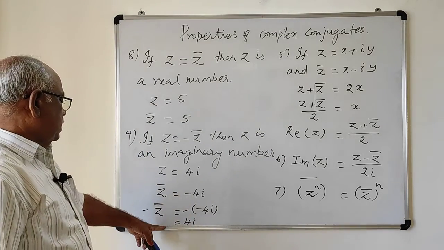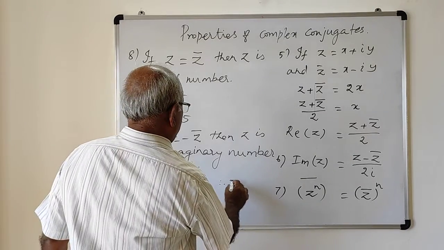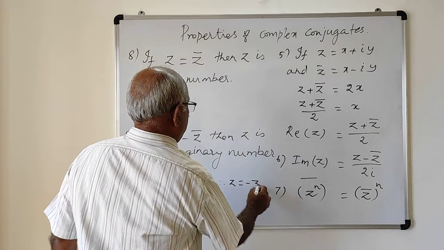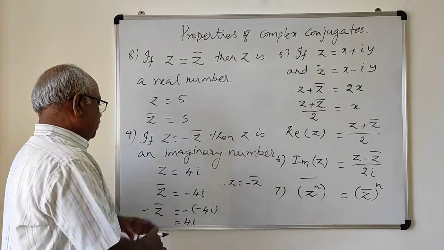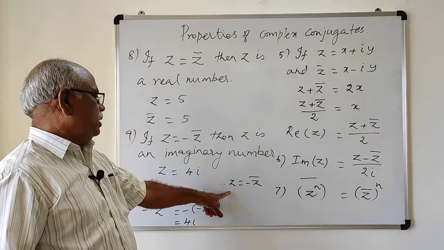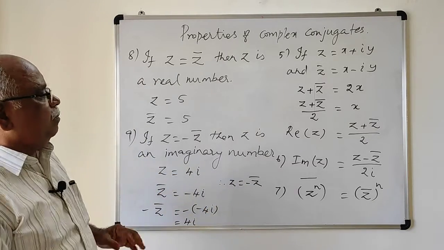So Z and minus Z bar are equal if Z is an imaginary number. This is the ninth property.